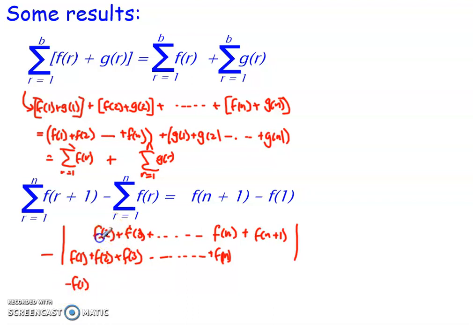Every single one of these terms then would cancel out with their matching term from the second expansion, except the plus f of n plus 1. So I'd get plus f of n plus 1, which can then be turned around and written as f of n plus 1 take away f of 1. So there you go, that's me proving that property for you as well.